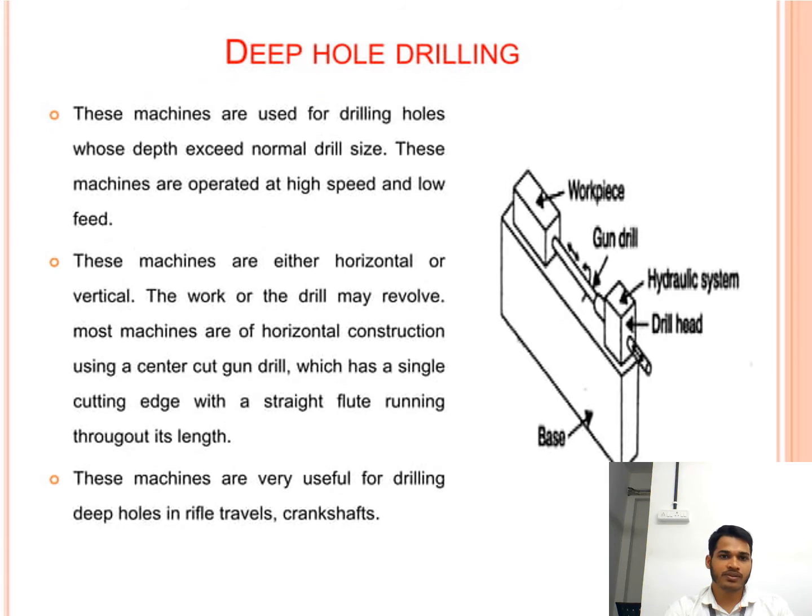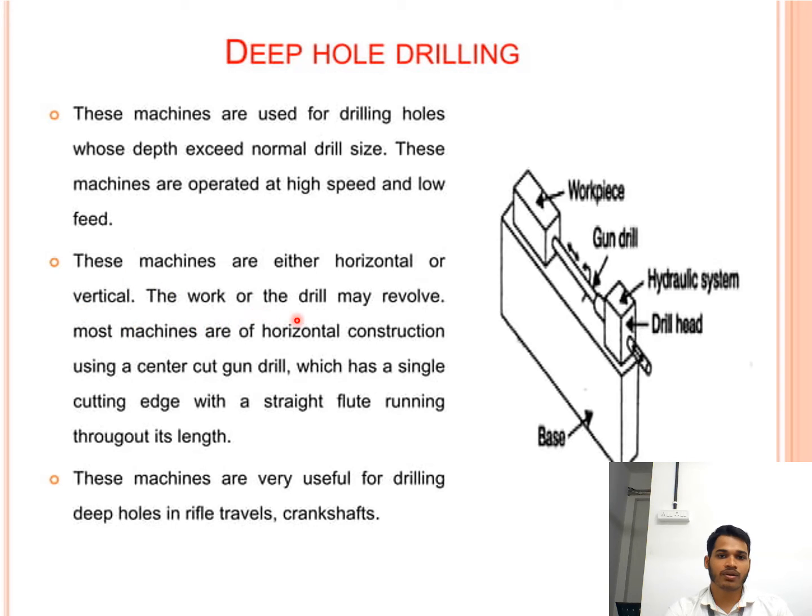Deep hole drilling. These machines are used for drilling holes whose depth exceeds normal drill size. When the hole depth is larger, at that time we use the deep hole drilling machine. These machines are operated at high speed and low feed. In this machine, the drill bit rotates at high speed, but the job feeding rate is slow. These machines are either horizontal or vertical, so the drill bit can work horizontally or vertically.